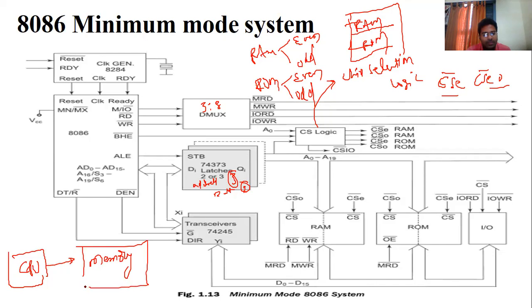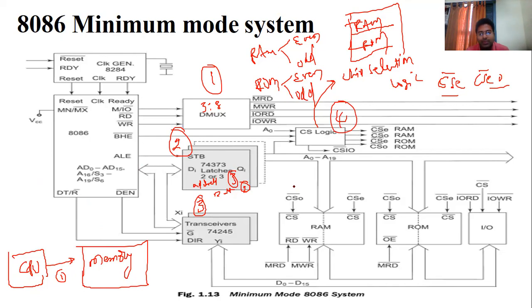For this purpose we require DEMUX. We require DEMUX, and latches, then transceivers, then control logic. So 4 hardware devices are required to connect the memory. At the same time, we also require some interfacing devices.